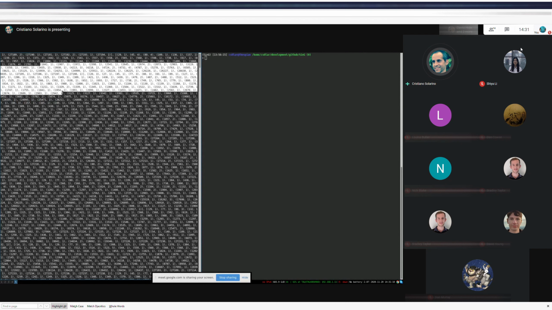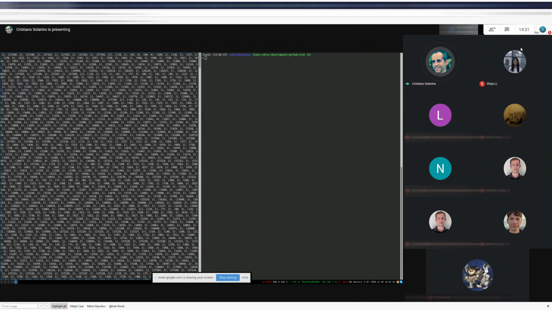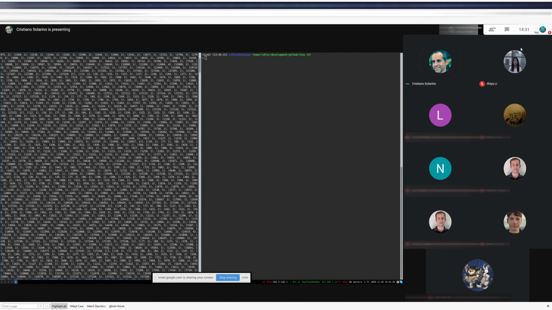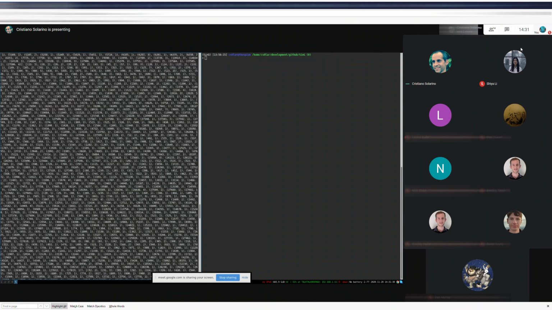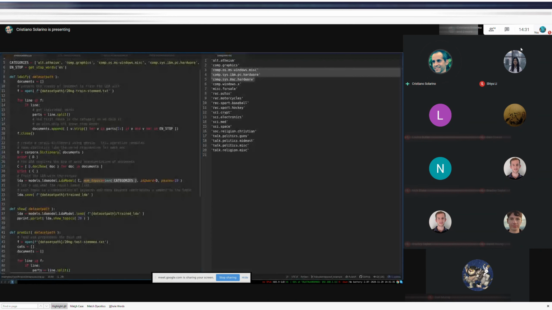This is a list of lists, and each item in this list is the ID of a word in the document. Each token in the document is turned into a numeric ID, and the second number is the frequency in that particular document of this particular word. This is just an illustration of the kind of data structure we're working with here.